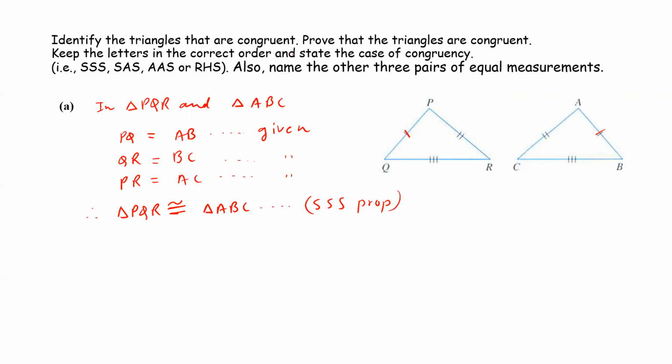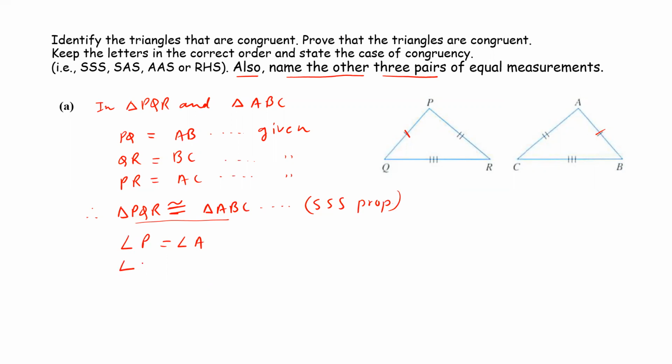Now this also says to name the other three pairs of equal measurements. It means we already have three pairs of sides. That means the remaining in this case will be angle P is equal to angle A. The order matters. So when you write this congruent statement, it must follow the correct order, with P with A, Q with B, and R with C, the corresponding angles.